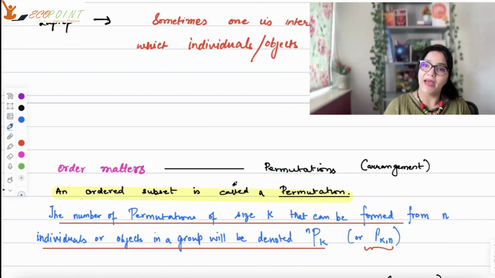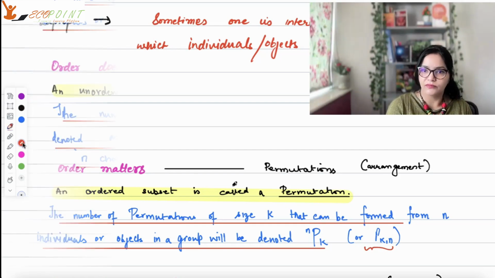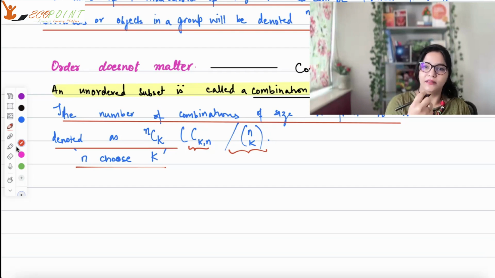When order matters, the counting arrangement is called permutation. When order does not matter, that counting arrangement is basically just selection and it is called combination. Then we learned what is behind the names.